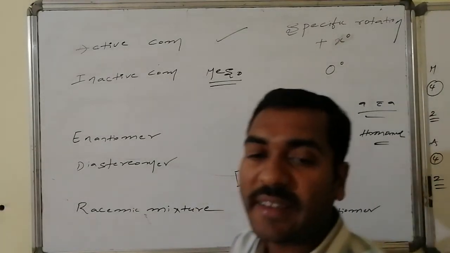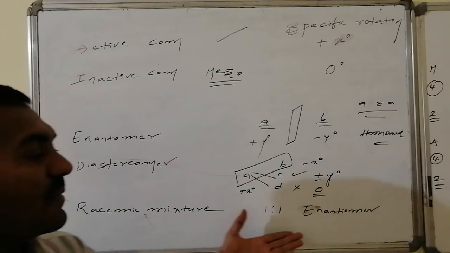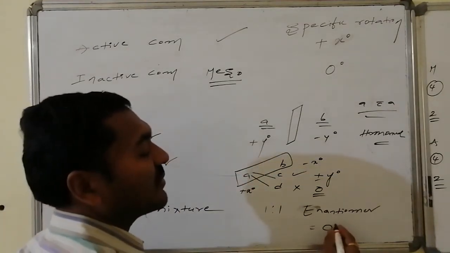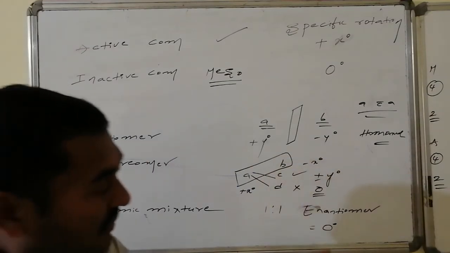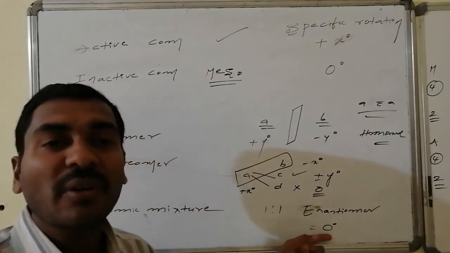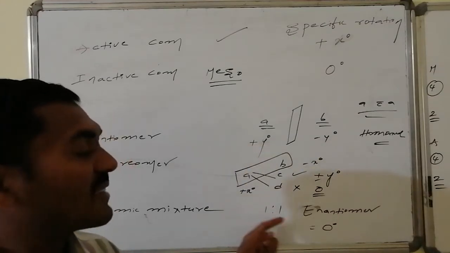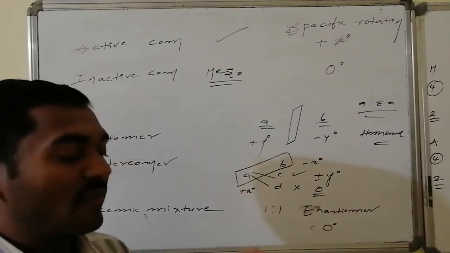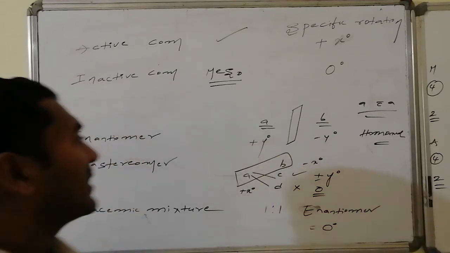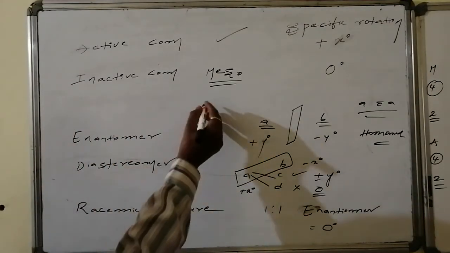And the last point: in the case of a racemic mixture, a 50-50 ratio of enantiomers is taken, one cancels the other, and the net rotation value is found to be how much here? 0. This 0 degree specific rotation is due to external compensation, one cancels the other. So one is externally cancelled by the other, hence it is said to be what?